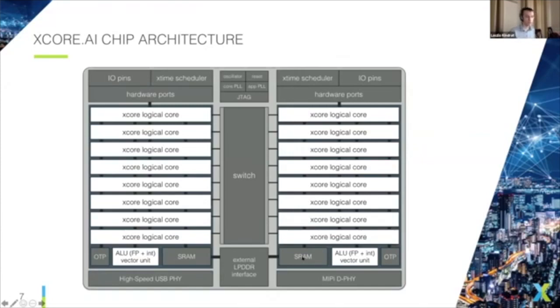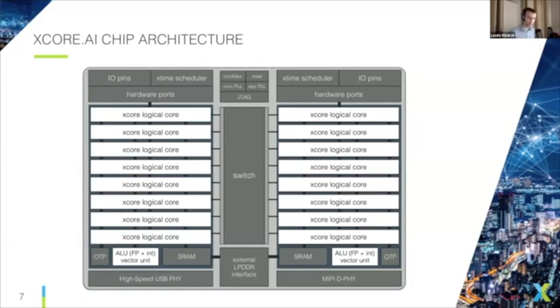What makes it special, and this is actually our own architecture at XMOS, is that each tile has what we call 8 logical cores. And you can think of a logical core as essentially a hardware implementation of a thread. So each logical core has its own register files, scalar as well as vector registers, but they share the ALU.